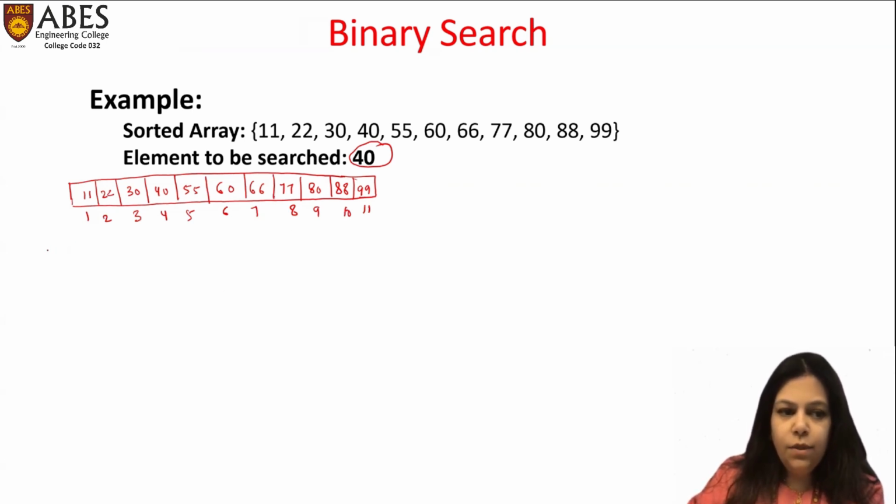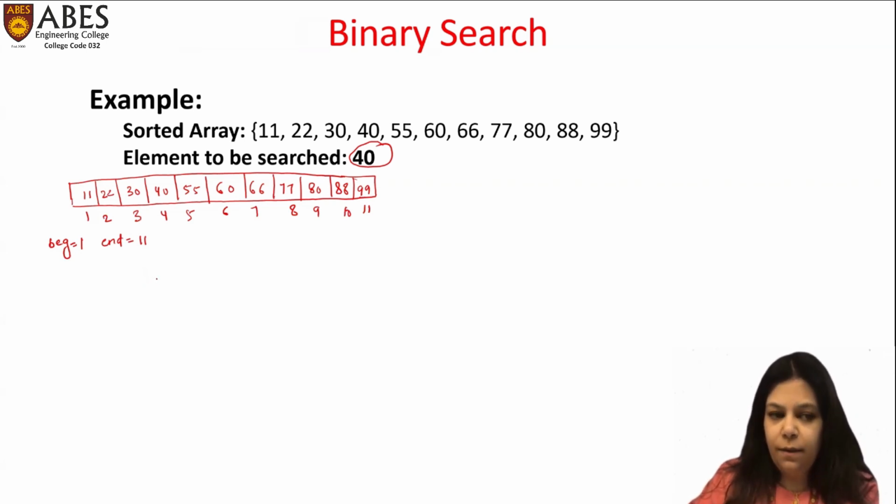So for executing the binary search algorithm, we first have to take two variables, namely beginning and end, that will always store the index representing the first index and the last index of the effective array. As we know that in the first iteration, we have to search the element in the entire array. So the beginning will have the value 1 and the end will have the value 11.